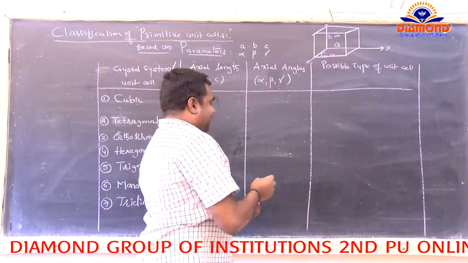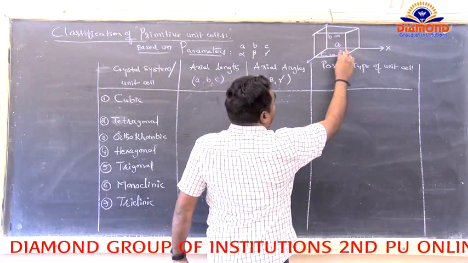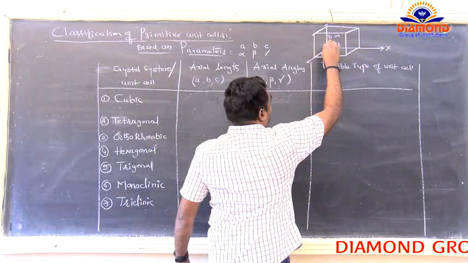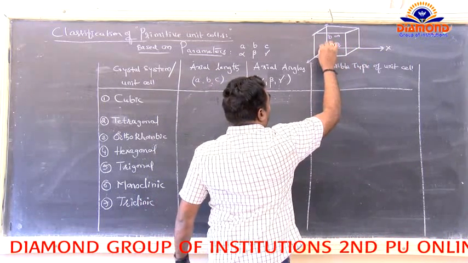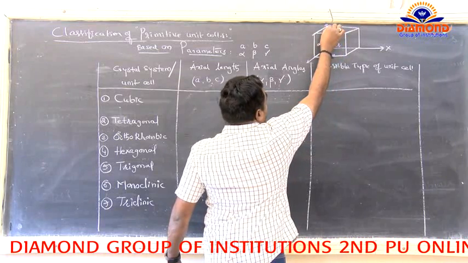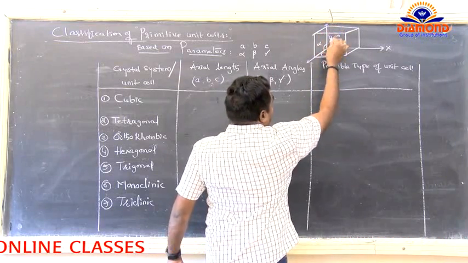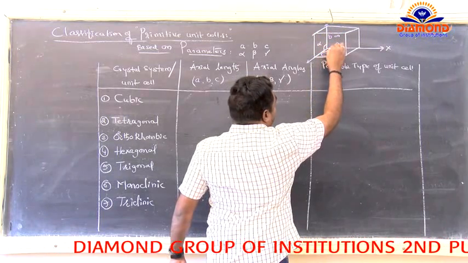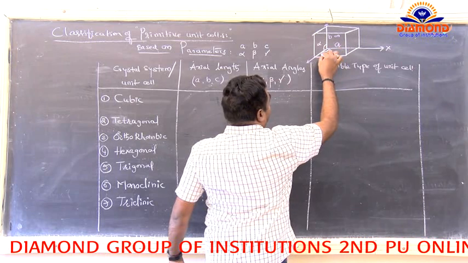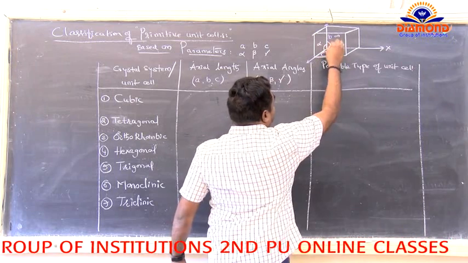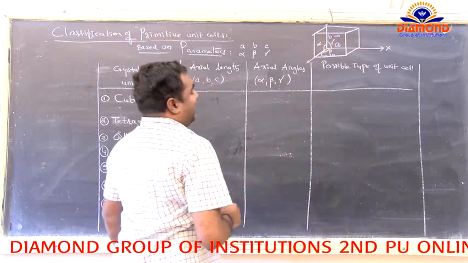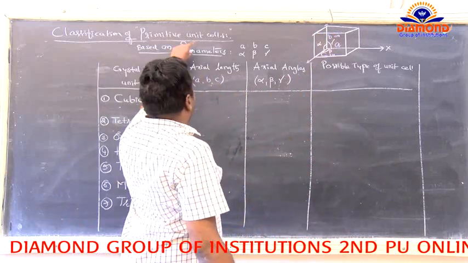Now the angle opposite to length a is alpha. The angle opposite to length b is beta. The angle opposite to c is gamma. These are the lengths and angles for the unit cell.